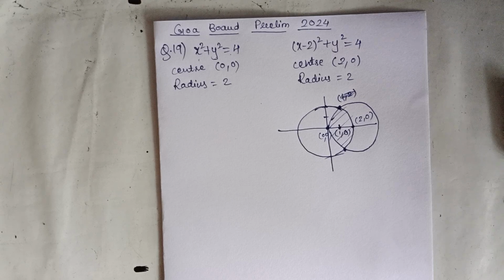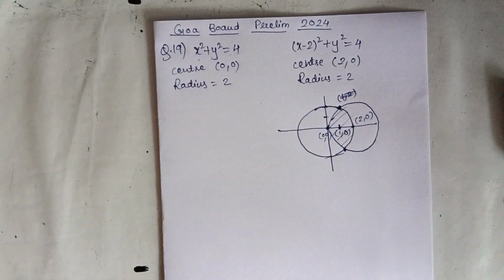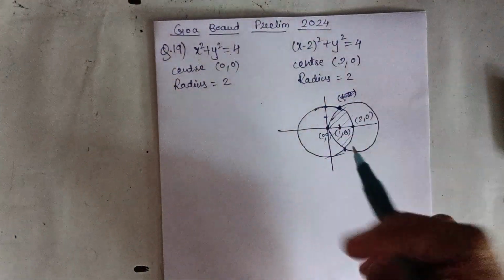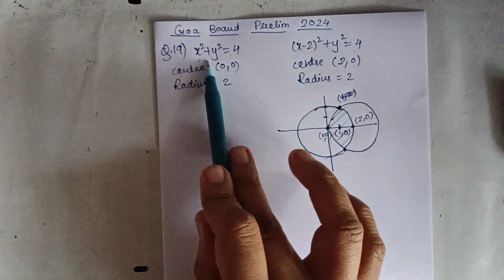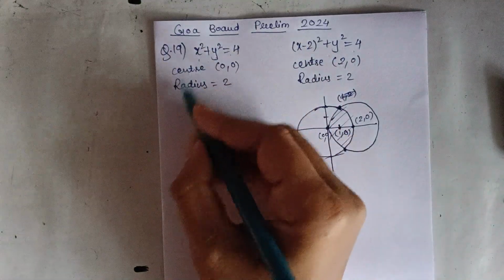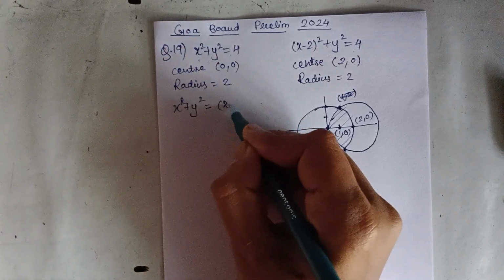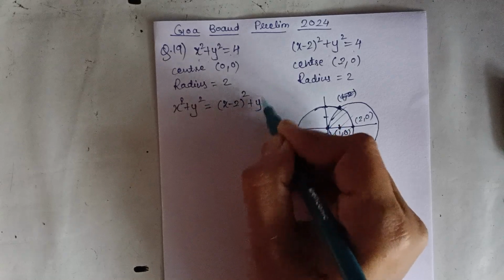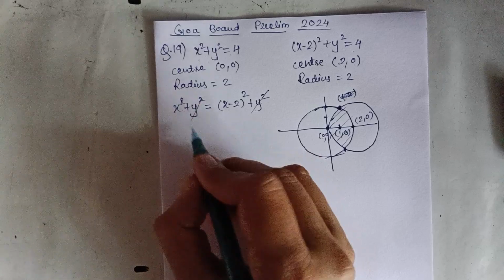So for that you have to put one of the equation in another equation, or you can do simply one thing, that is both the right hand sides are equal, that is 4, so we can equate the left hand sides. So x square plus y square is equal to x minus 2 the whole square plus y square.